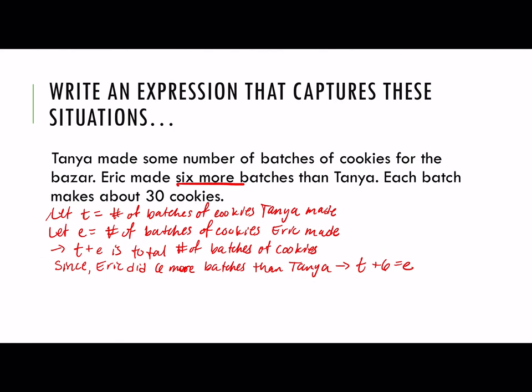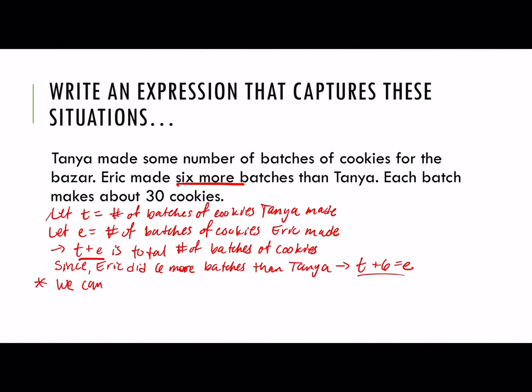Because of this, we know that the total number of batches is T plus E, but the main key for this lesson is that T plus E can be simplified because we have T plus 6 is equal to E with numbers here.